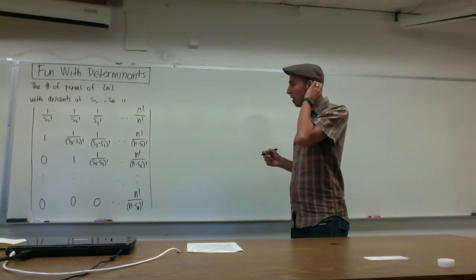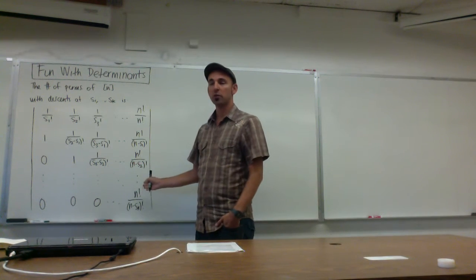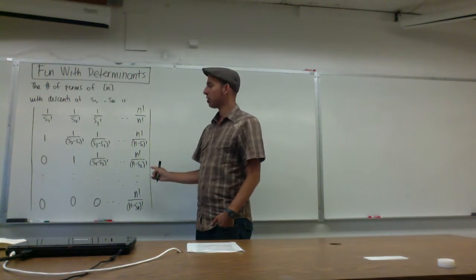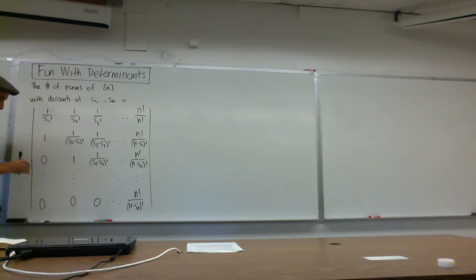Okay? And so what I did is multiply this column by n factorial, but actually I also want to multiply each column by something. What I'm going to do is multiply this column by s1 factorial, this one by s2 factorial, this one by s3 factorial, etc. So let me take this one multiplied by s1 factorial.